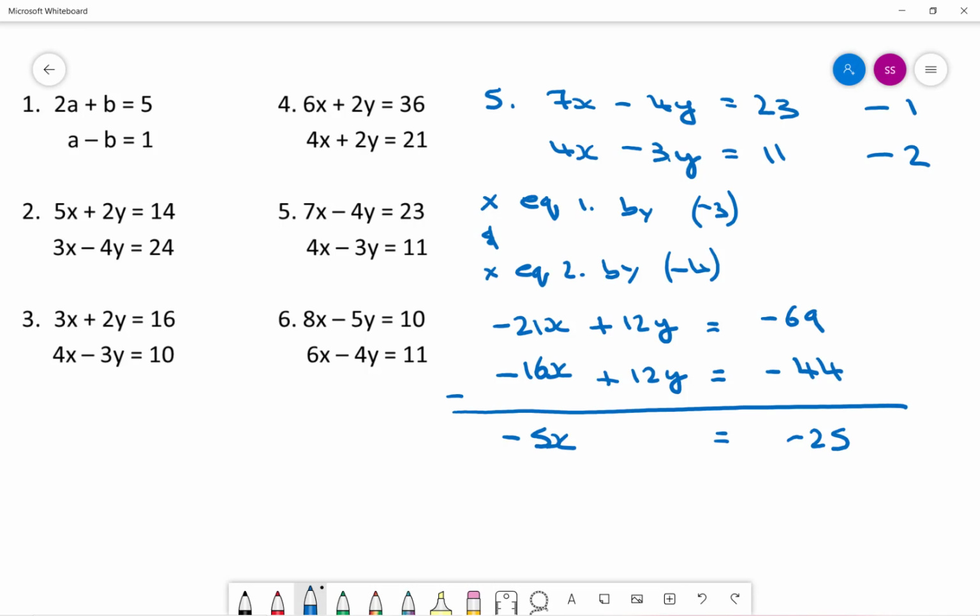Just be careful with your negatives here. So rearranging, x is equal to negative 25 divided by negative 5, and that's going to give us a value here of plus 5 here for our x term.